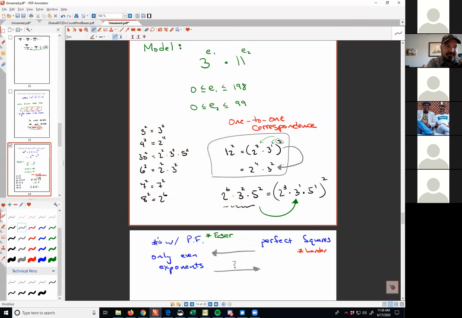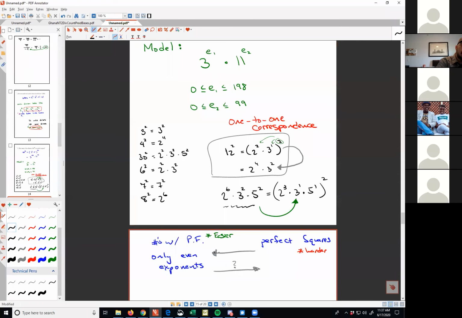Well, if you square any prime factorization of any number, you're bound to find the prime factorization for the square of that number. So it would be even, because if you multiply odd against even, you would get even, and if you multiply even against even, you still get even.